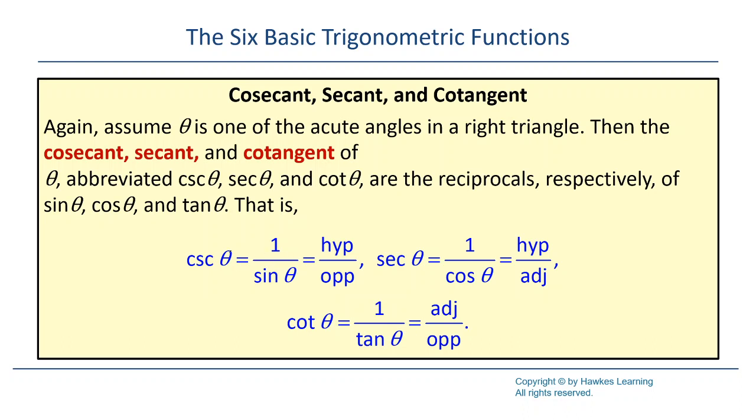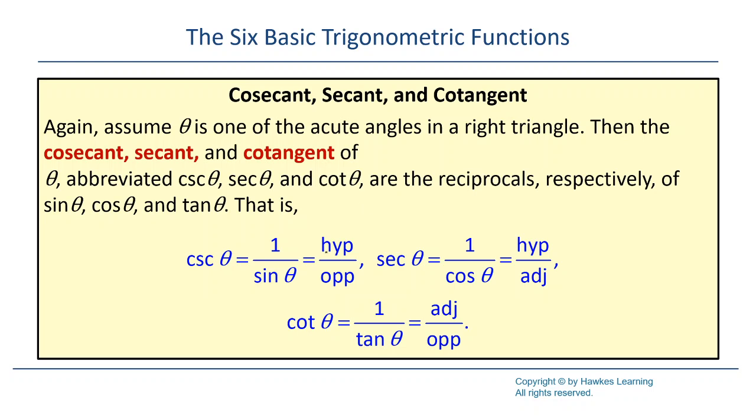Just correlate these. Cosecant goes with sine, secant goes with cosine, and the only matching ones that get to go together are tangent and cotangent. So the first two cos don't go together, but tangent's friends with cotangent. That's the way it works in my head.